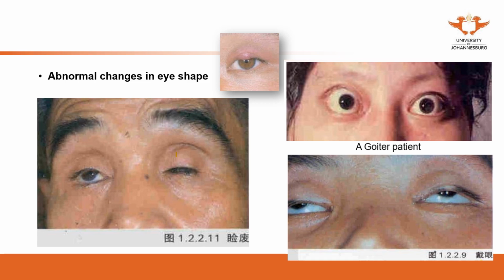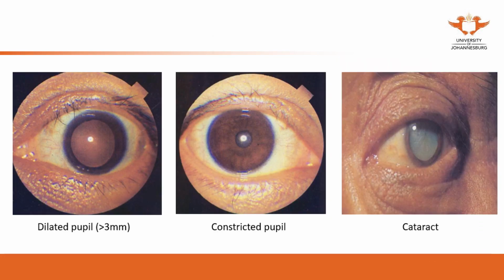So this patient is dying. These are signs of a severe condition. When you see a patient present like this, you need to be careful. This is not a good sign. So from the inspection of the eyes, we can see a lot of clinical information.